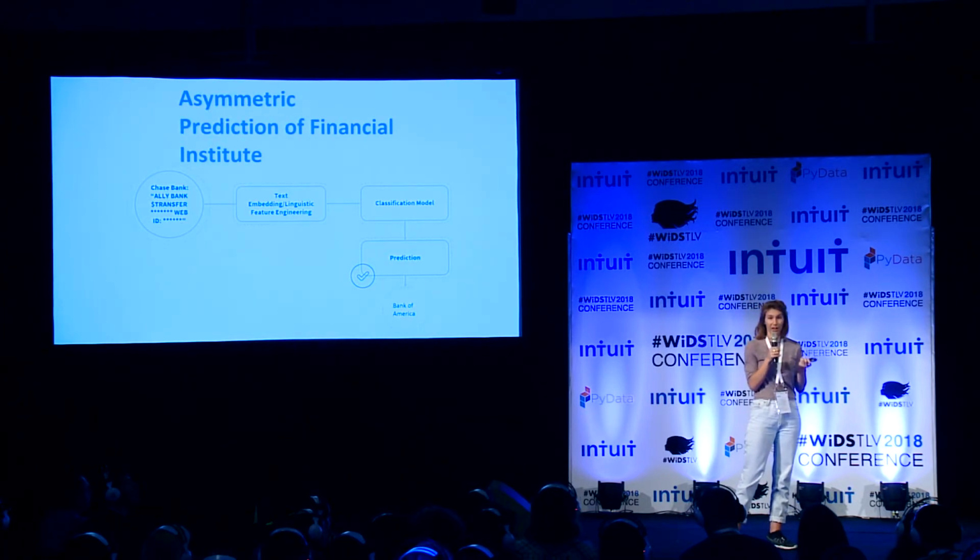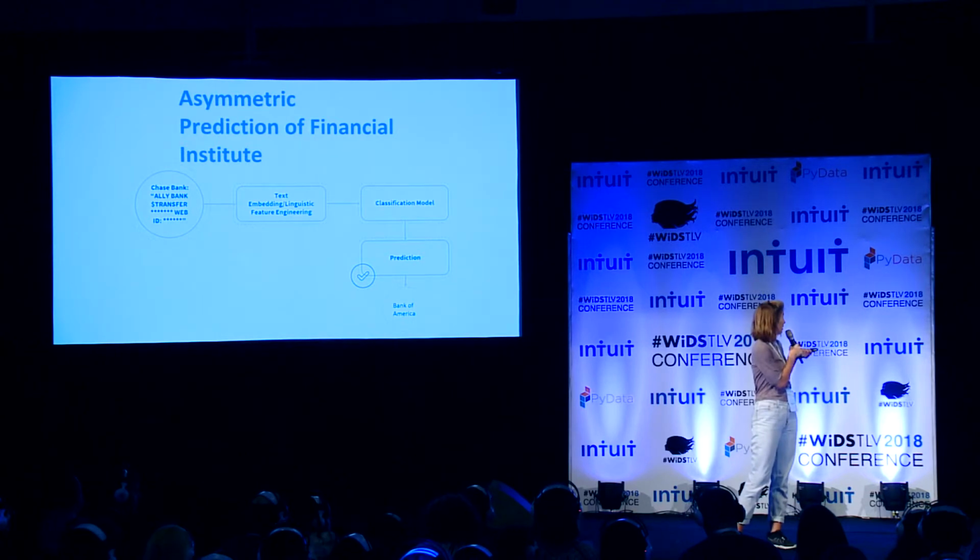And now we're handling an asymmetric classification problem with multi-class, multi-label classes to predict.